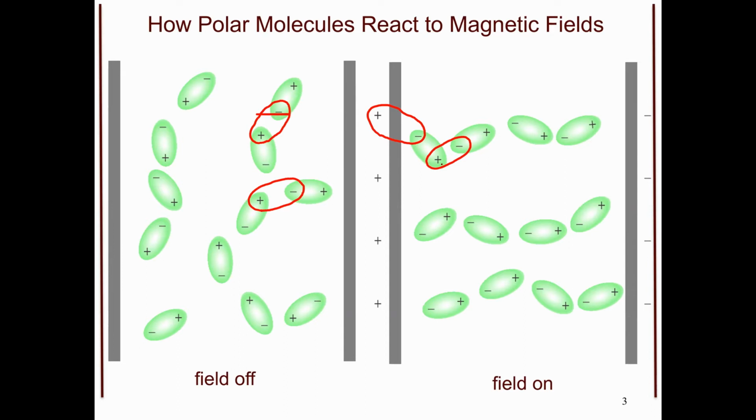So, as you can see with the field off, we are allowing the molecules to organize themselves, but then with the field on, we are going to have the outside influence to organize certain molecules, but the rest of them are going to organize internally so that way they become more structured.